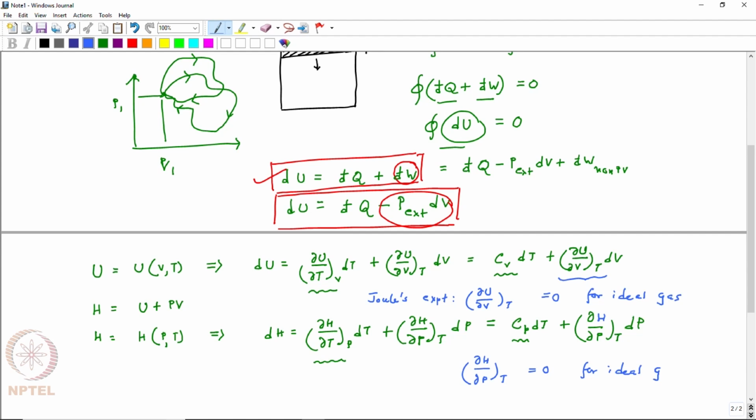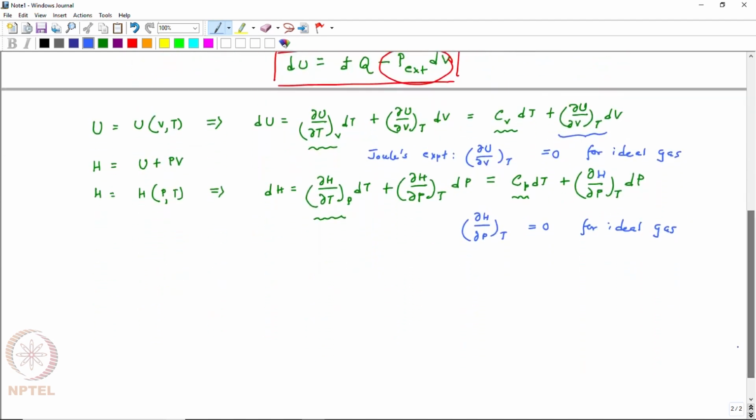But for other gases, there was a fantastic experiment which we discussed, known as the Joule-Thomson experiment. Joule and Thomson did this experiment to figure out the value of (∂H/∂P)T for any gas.